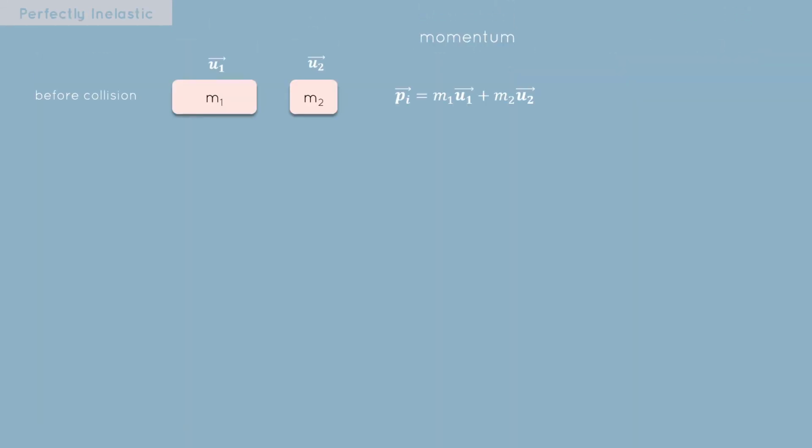Next we consider perfectly inelastic collisions. Simply, we set up the problem, and the total initial momentum is m1u1 plus m2u2. However, after the collision, the two masses coalesce and move off as one, so we give them a common velocity of v. So there's no need for v1 and v2. The total final momentum will be m1 plus m2 times v.